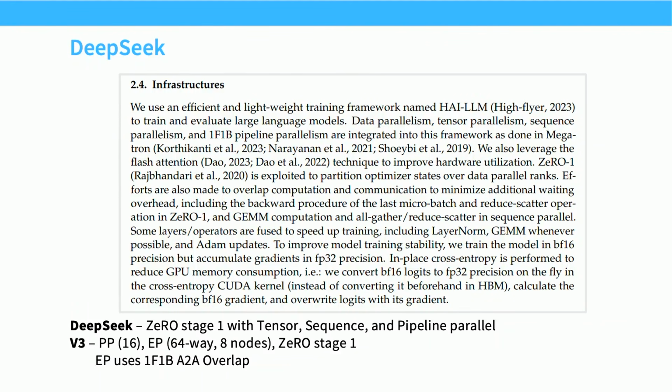And their expert parallel actually is a little bit exotic because they have 64-way parallelism. So they group 8 different machines together, and that's their expert parallel domain. To enable this large expert parallel, they basically use the same tricks that they have from their pipeline parallel pipelining in order to make sure that expert parallel doesn't have low utilization periods. So this is actually quite a complicated trick that they do to get these very large expert parallel splits.